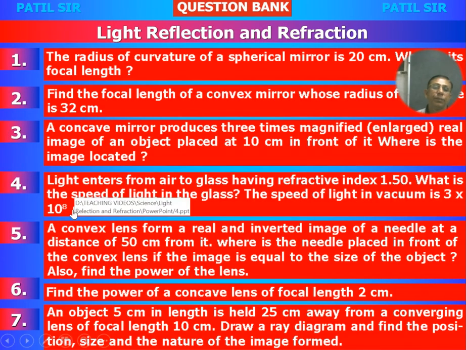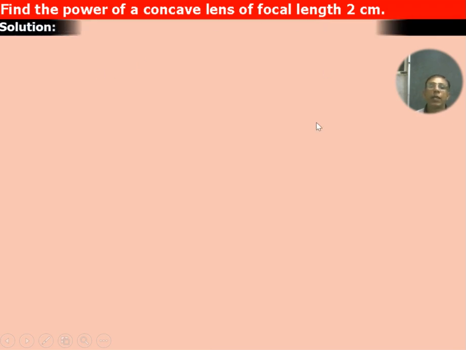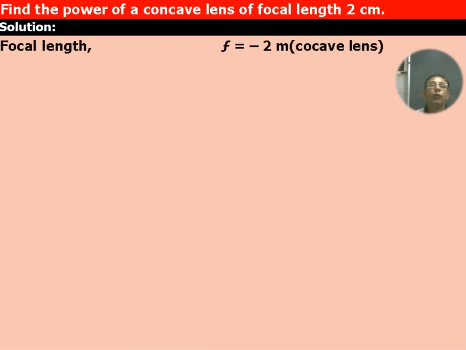Next question. Find the power of a concave lens of focal length 2 meter. We have to find out the power of the concave lens whose focal length is 2 meter. So the focal length is already given, that is f is equal to minus 2 meter because it is a concave lens.